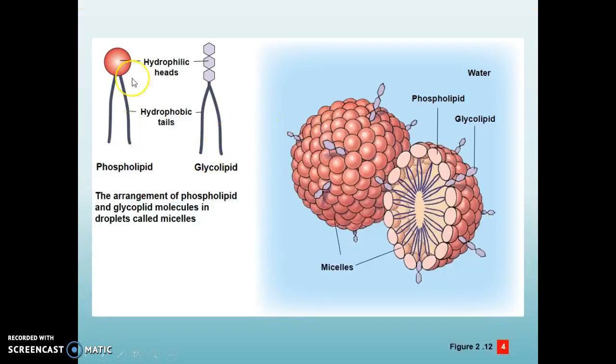So if you were to put these fats with the hydrophilic head and the hydrophobic tails into water, they would line up so that all of the tails were in the middle, where they are farthest away from the water surrounding that. So you can see all of the water-loving heads are oriented to the outside where they're going to be exposed to water. This is called a micelle.